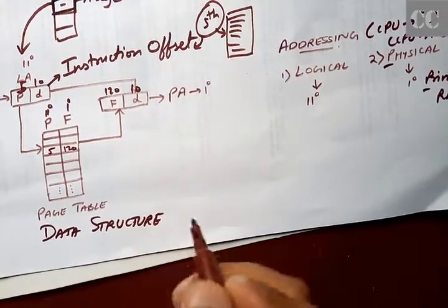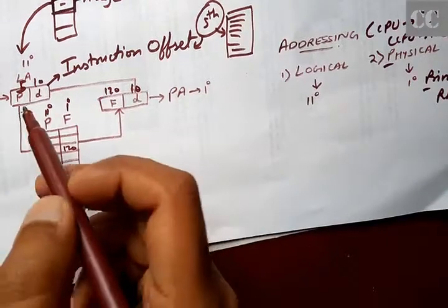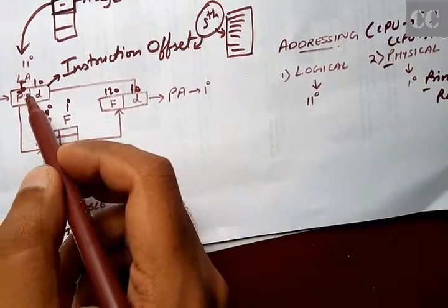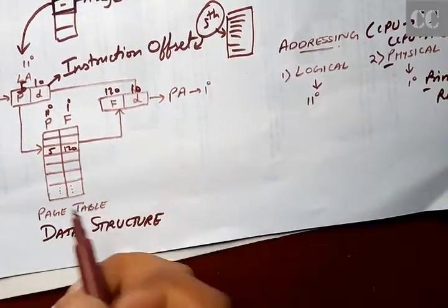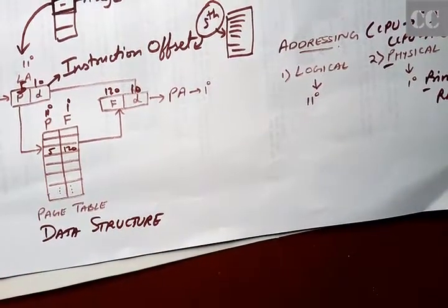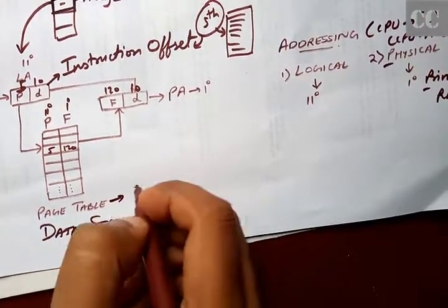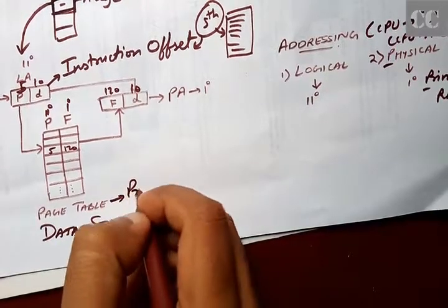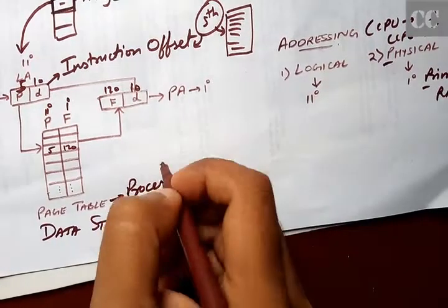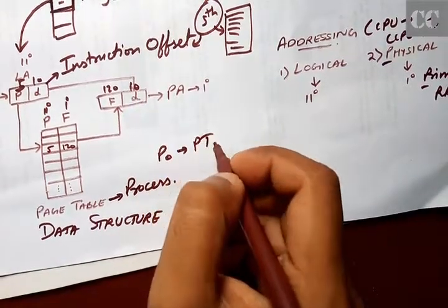Now the size of the page table depends on the size of the hard disk or the secondary storage. But it doesn't mean that because secondary storage has GBs and TBs of data, the page table will also have a similar length. No, a page table always corresponds to a process. So if we have a process P0, it will have a page table 1.